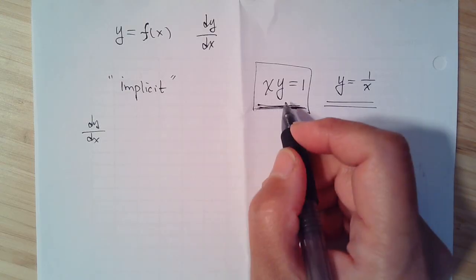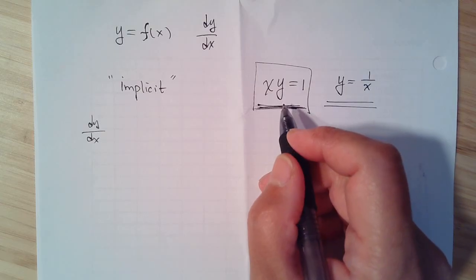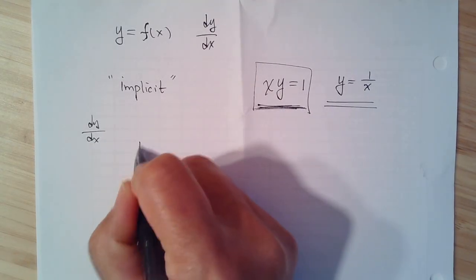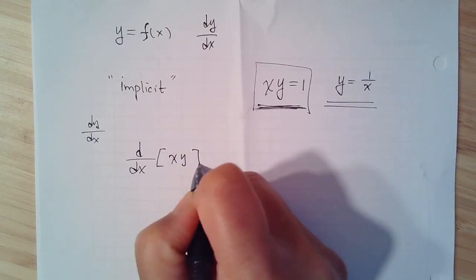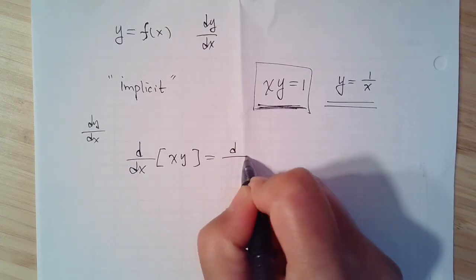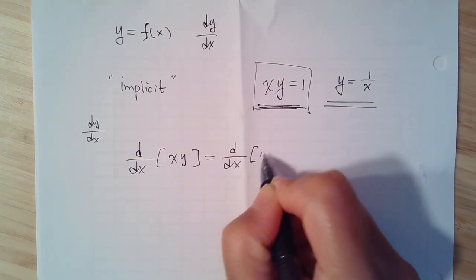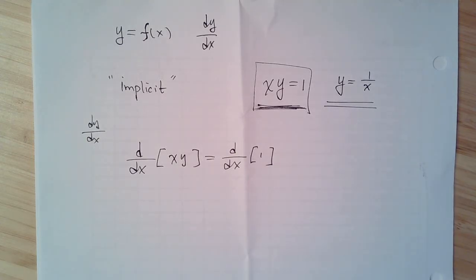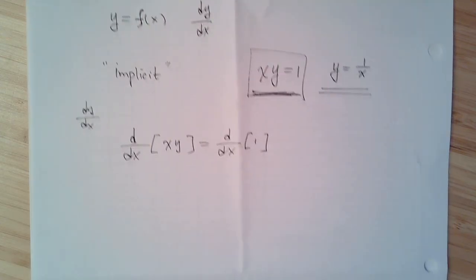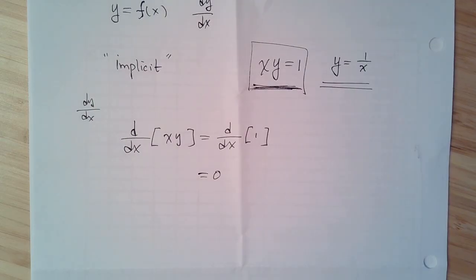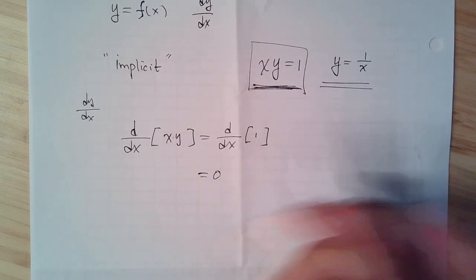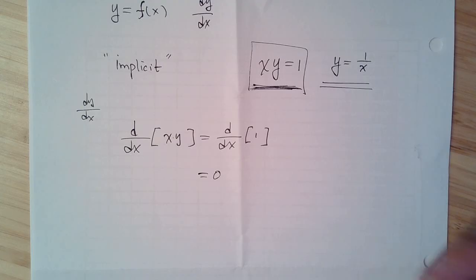We are going to take the derivative on both sides. So I get d/dx of xy on the left and d/dx of 1 on the right. The right side is very easy because for 1 it's just 0. And the left side is the product rule.